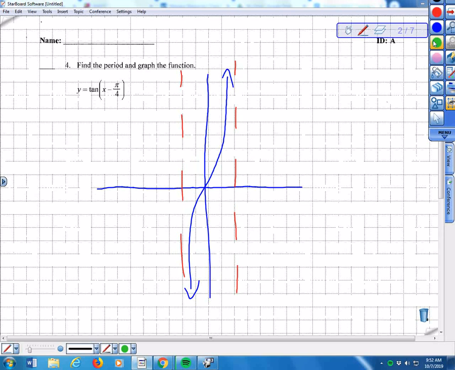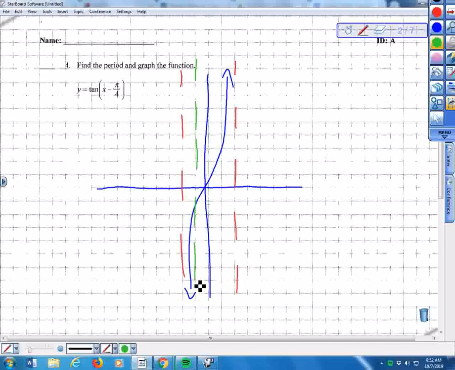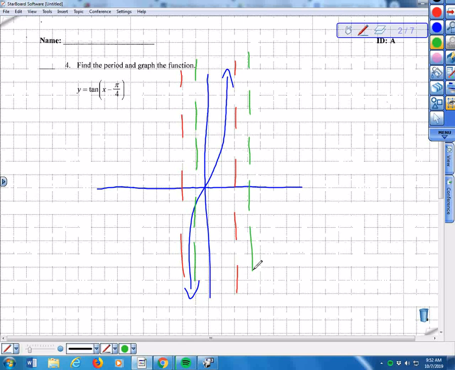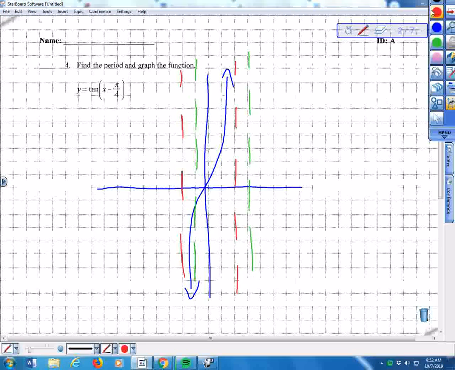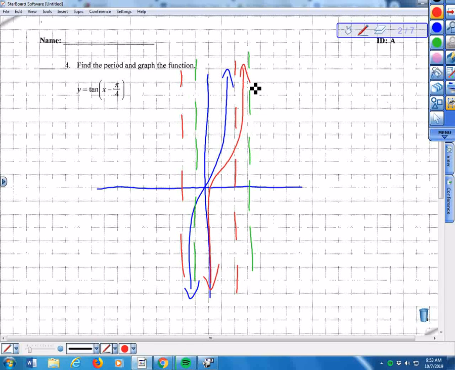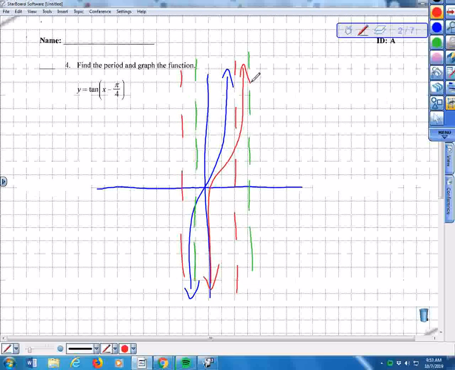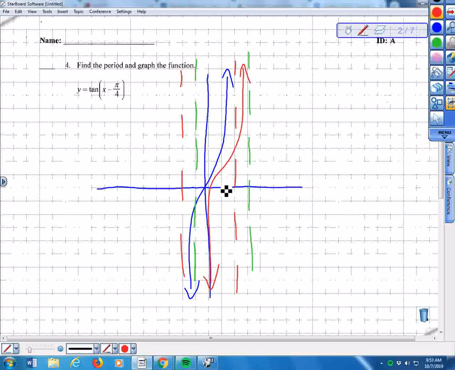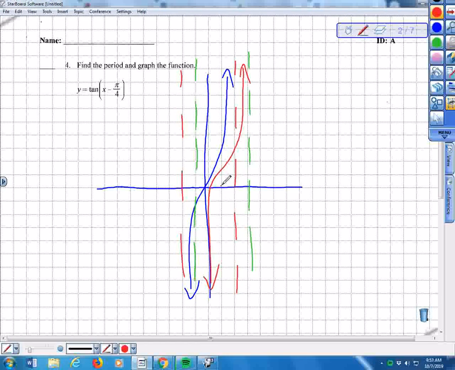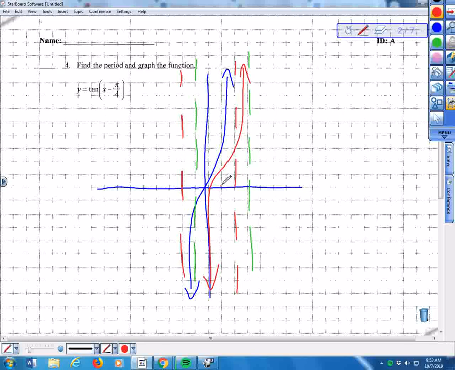There's my new asymptote and my new asymptote here. And then, I don't know, we'll use red. It's going to go through, really it should have gone through this point, or pi over 4, yeah, this point. Sorry, didn't graph it very well, but you get the idea. So in your mind, you kind of know what you're looking for on the choices.